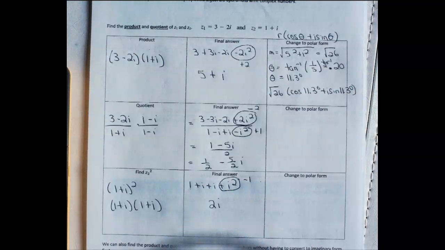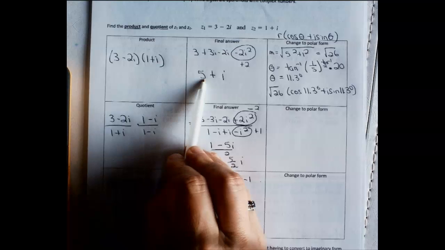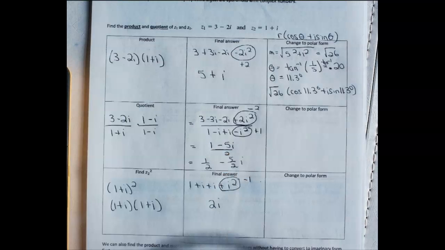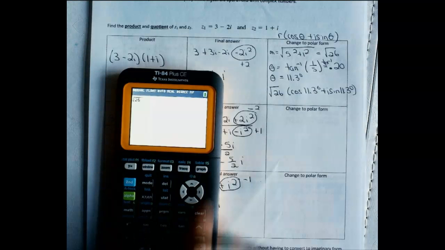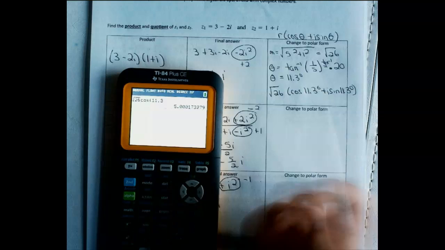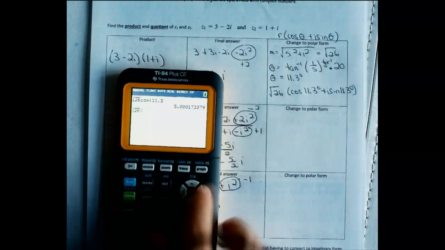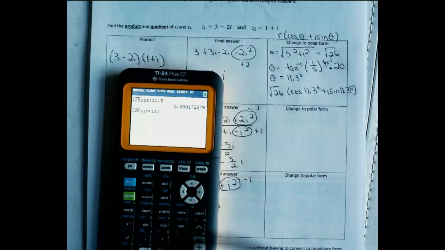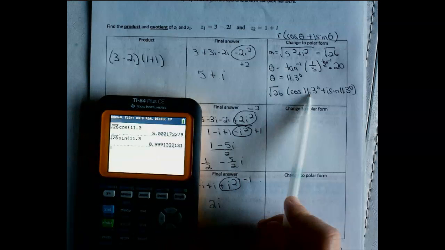Now I just want to point out, if I was to go ahead and distribute this, I should end up with something close to 5 plus 1i. So let's just double check that. So radical 26 cosine of 11.3, and we get 5, which is what we expected. Again, radical 26 times the sine of 11.3, and we should get something close to 1, and we do. So again, just confirming that these are the same.